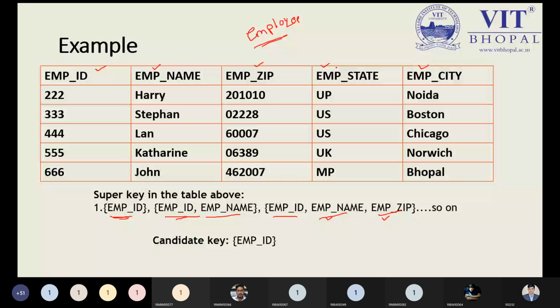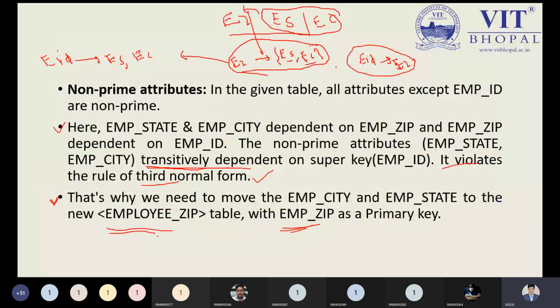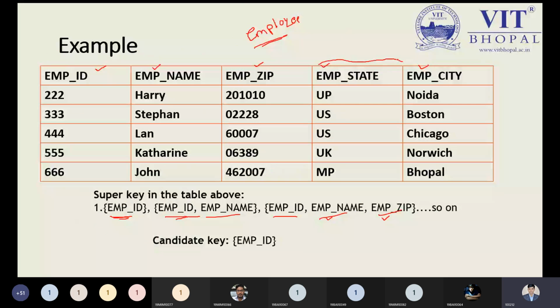We identify this after applying the functional dependency approach, and we found that employee state and employee city are the two attributes which depend on employee job, and employee job also depends on the employee ID. So finally, transitive dependency is applicable here.